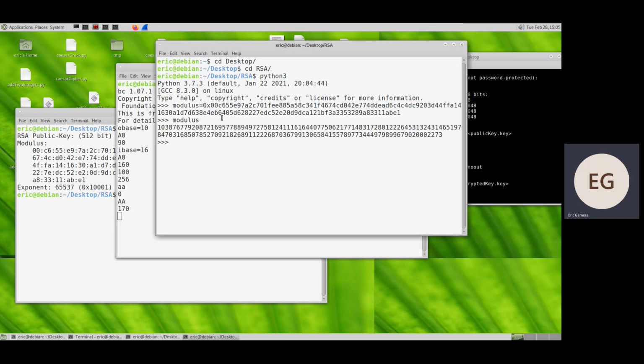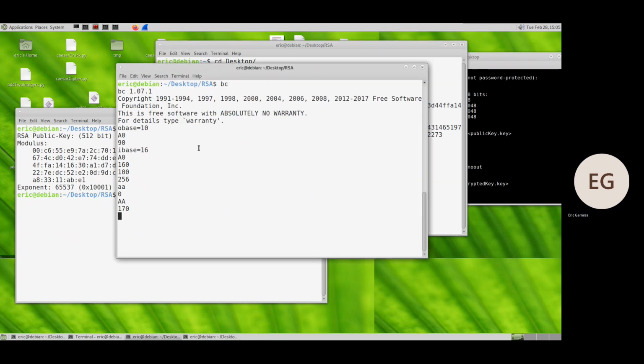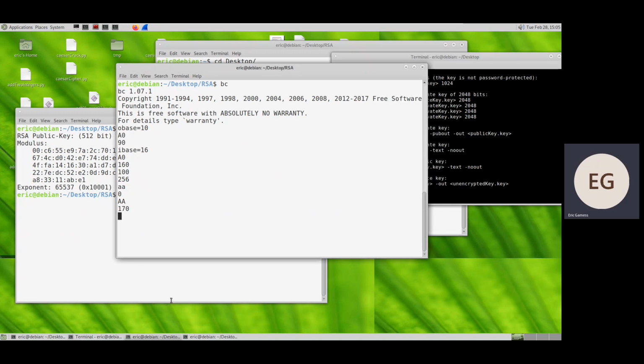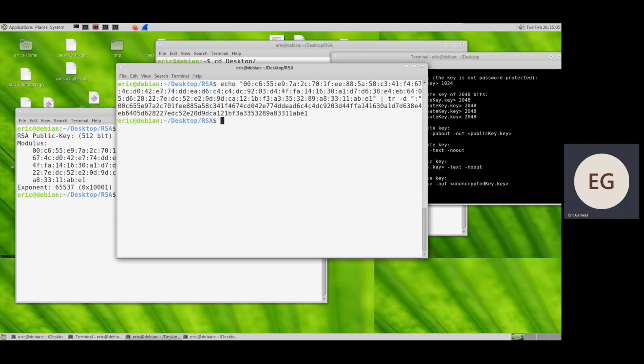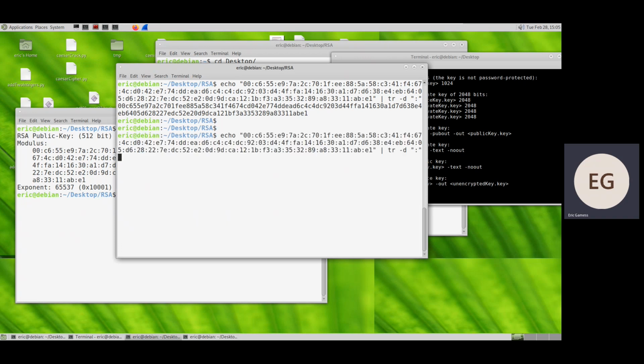So what should I do here? To continue with my exercise and to show the number in decimal, so I was here. Yeah, here is the command. So how do I continue here? So first I will need to translate the lowercase in uppercase.